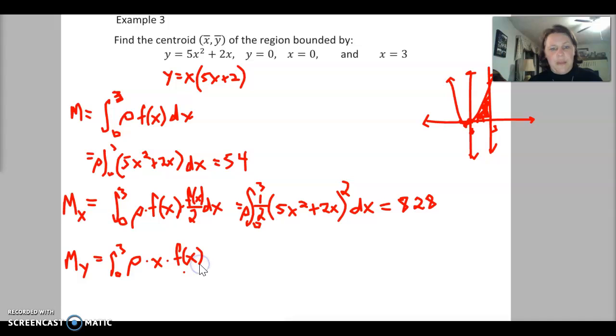So our mass is rho times f of x dx, and then the position is x with respect to our y-axis. So we're going to end up with rho, which again we're just going to say is 1, and then the integral from 0 to 3 of x times f of x, which is 5x squared plus 2x, dx.